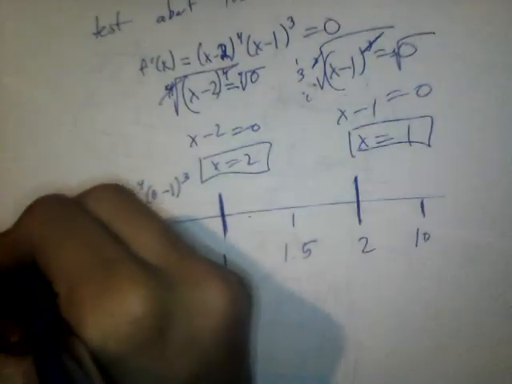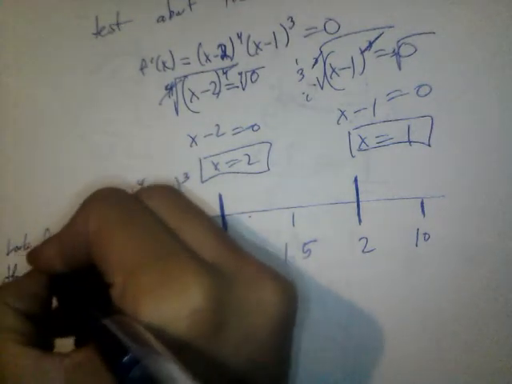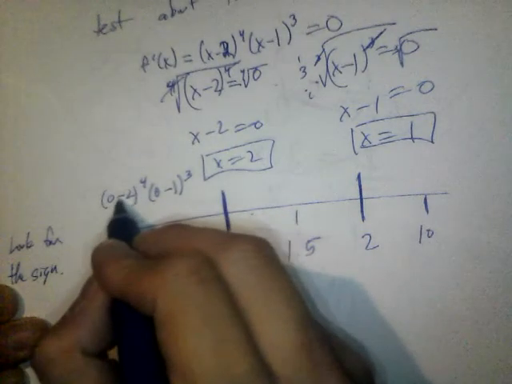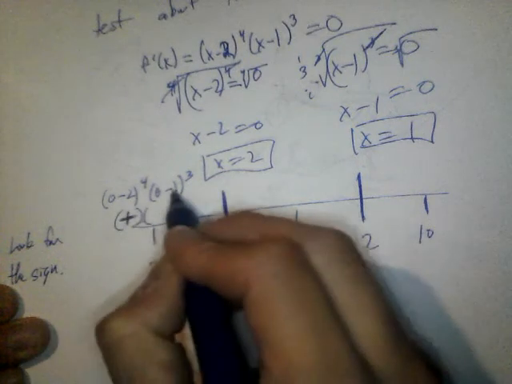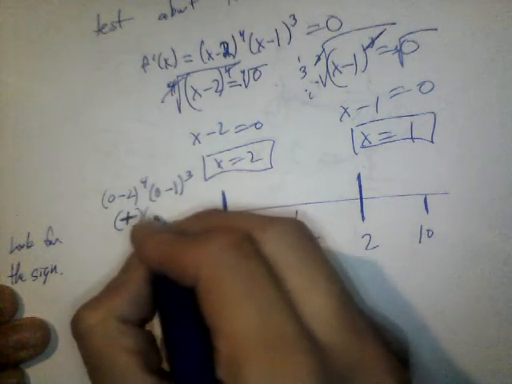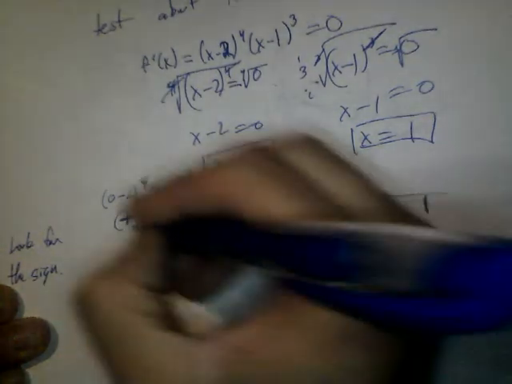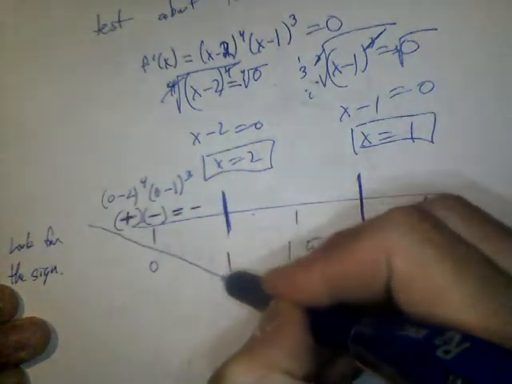I'm just going to look for the sign, if it's positive or negative. Negative 2 to the fourth is positive, and then negative 1 cubed is going to be negative. Positive times a negative is a negative. So this one is negative, which means the function is decreasing until 1.